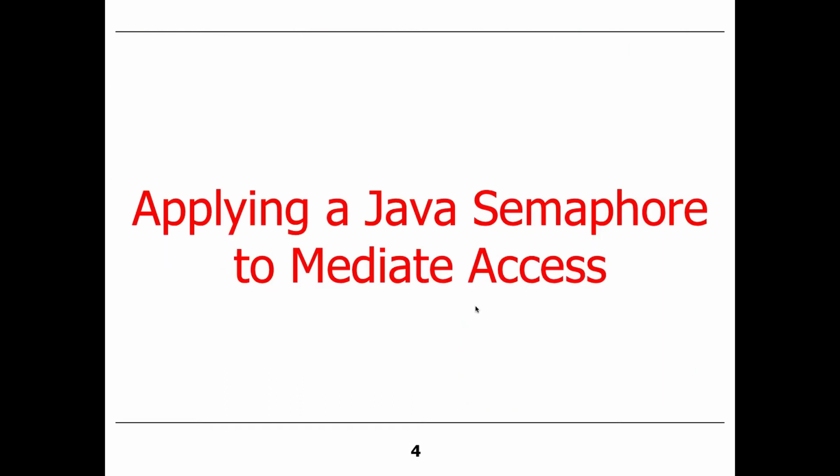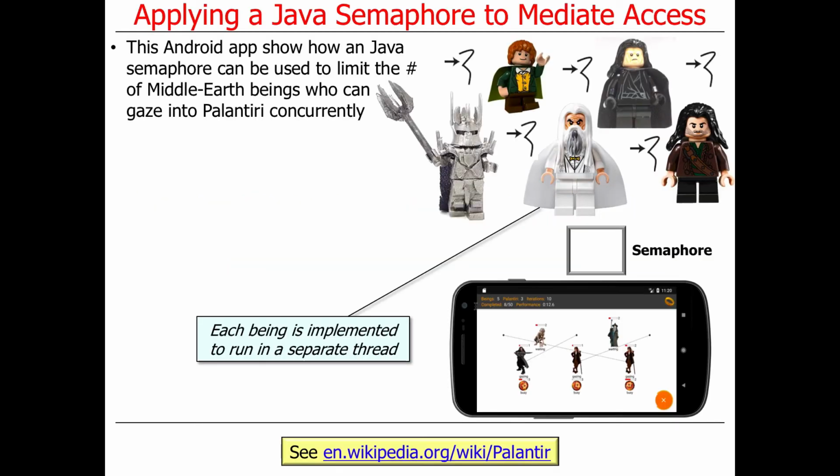So let's first start by talking about how Java Semaphores can be used to mediate access to a limited number of resources. The app that you're doing, the Palantir simulator, is used to show how Java Semaphores can be used to limit the number of Middle-earth beings, like our good friend the Hobbits, and Sauron, and so on, who can gaze at a Palantir concurrently.